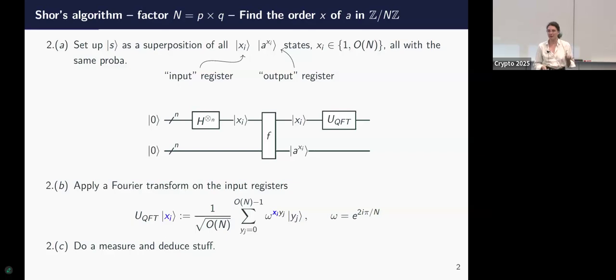So when we apply the quantum Fourier transform on the input part of the register, we are able to exhibit the period of the sequence of numbers stored in the output part of the register. And this is why this algorithm works.